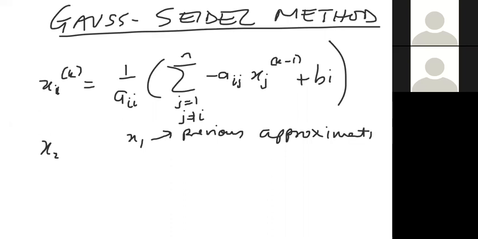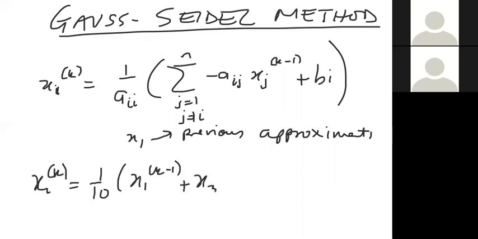For example, using example 3.1.5, we saw that x2^k was given by 1 over 10, then x1^(k-1), then plus x3^(k-1) minus 3 x4^(k-1), then plus 25.